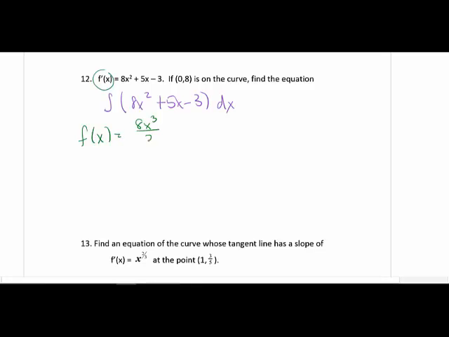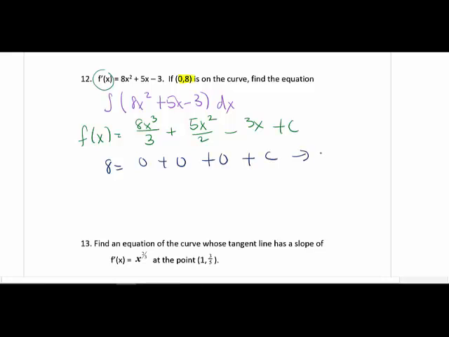Add 1 to the exponent, divide by the new exponent. So up until now, we've just had to put the c there. But because they gave us that (0, 8) is on the actual curve, we can plug this in to figure out what c is. 8 is my y, 0 is my x. So 8, this becomes 0, this becomes 0, this becomes 0, plus c.